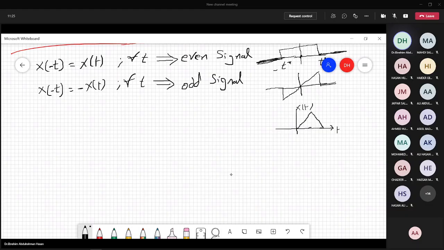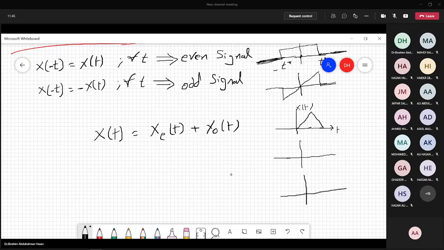For any signal, same as this one, I can decompose it into an even part and an odd part. So I can make these two parts: one is even, x even, and another one, x odd.